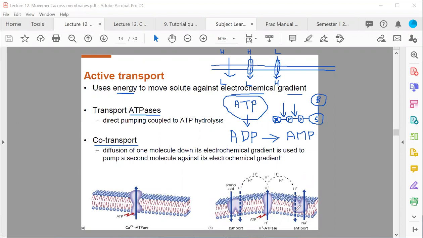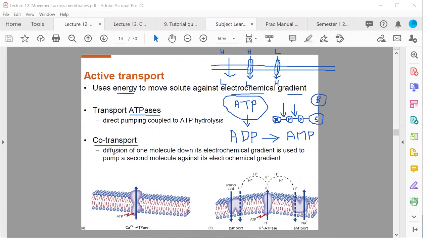And that movement provides the energy for, in this case, sodium ions, but this time the sodium is moving in the opposite direction to the movement of the protons. So when you've got this type of co-transporter, where you've got one substance moving in one direction and something else moving in the other direction, it's called an antiporter, or simply antiport. All right, so that's co-transport.